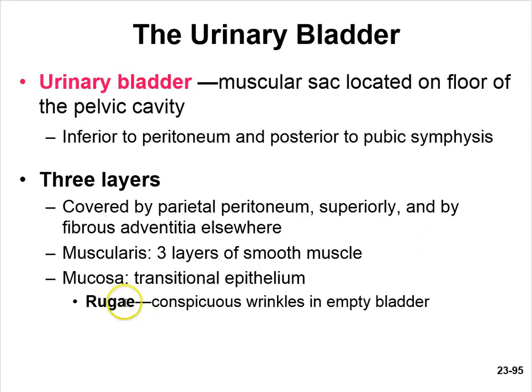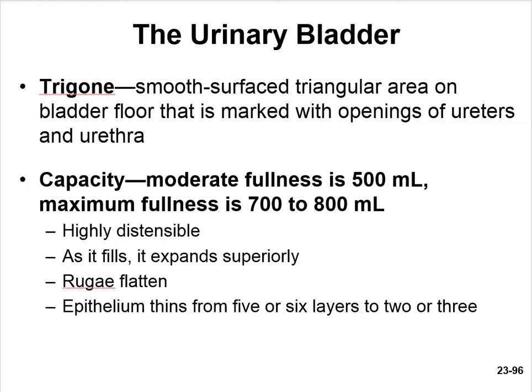Rugae, like the stomach has rugae, those are the conspicuous wrinkles when the bladder is empty and it's not stretched anymore. It becomes more wrinkly. The trigone is the smooth surface triangular area on the bladder floor and is marked with the openings of the ureters and the urethra.